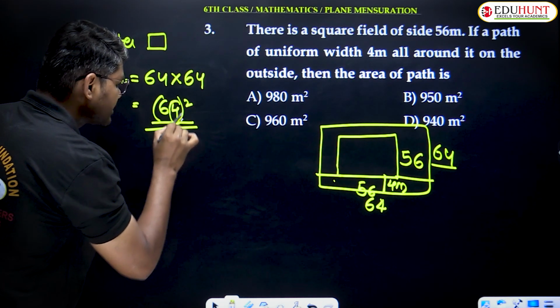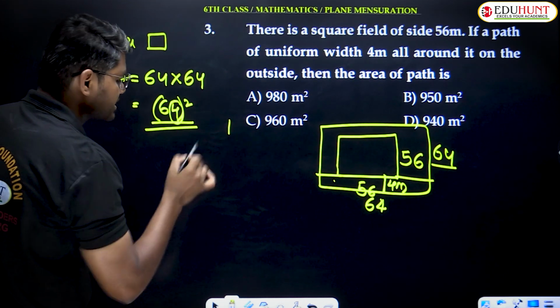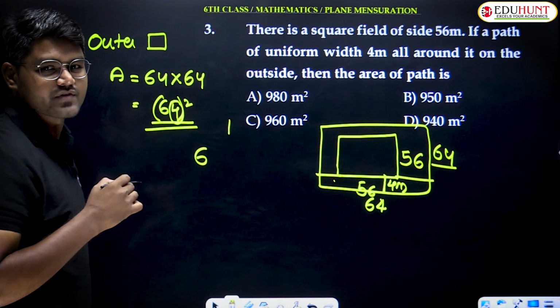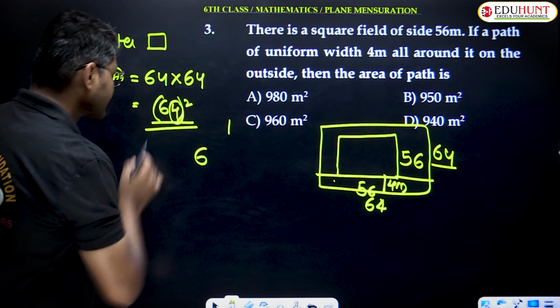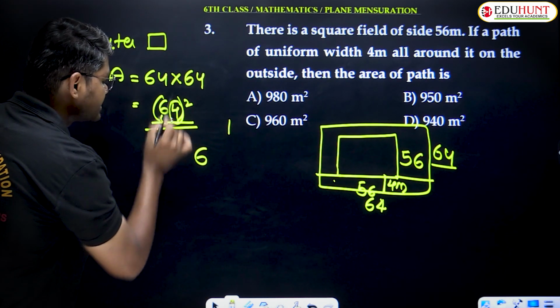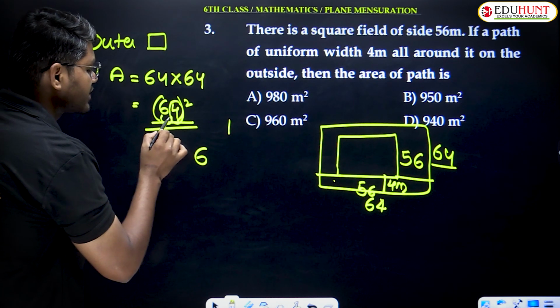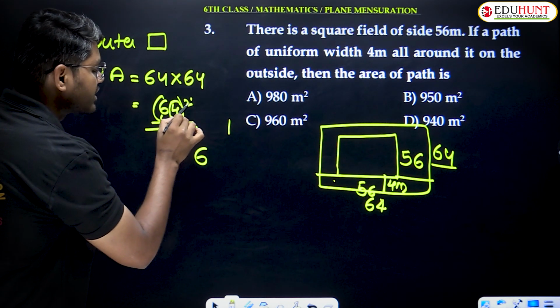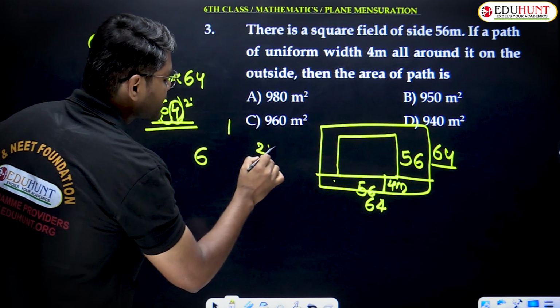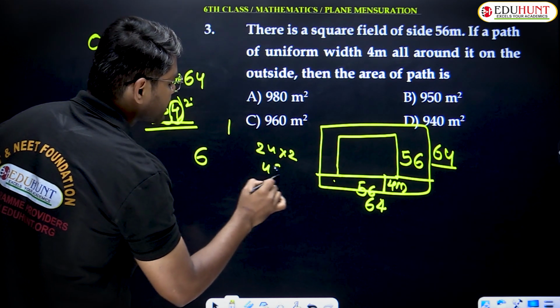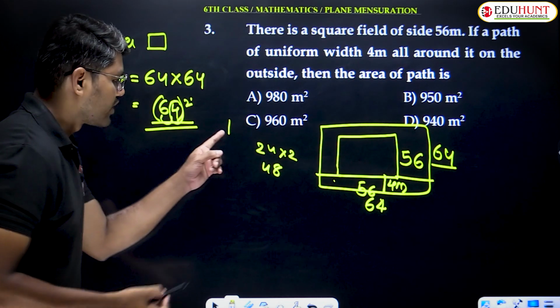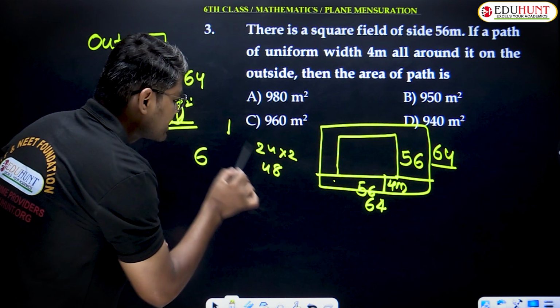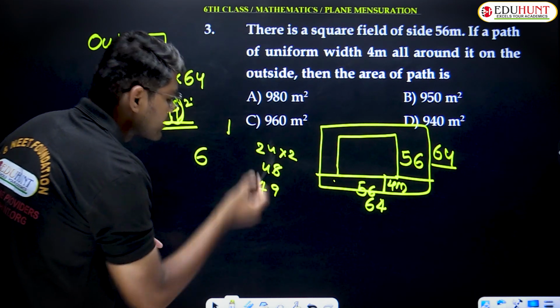First we write the 4 square. 4 square is 16. In the unit digit we write 6 and carry 1. Next multiply these two. 4 into 6, 24. 24 into 2, because here 2 is there. That is 48. 1 is carried, so 48 plus 1 becomes 49.